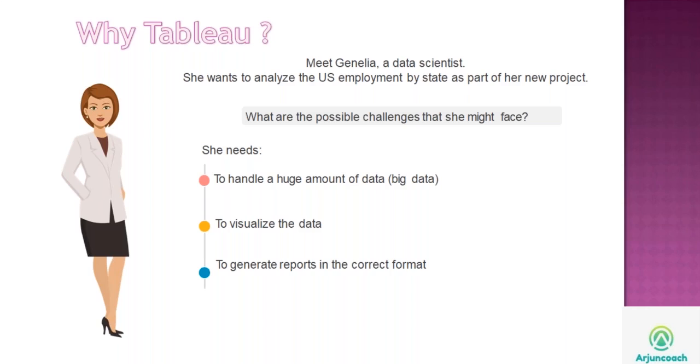When you join, you may work in Python, R, or Tableau. You will not be working in all the phases, and we cannot select that. Based on the skills, the project, and the cost cutting in the project, they will pull you into different technologies, but as a data scientist, what are the possible challenges she might face here?